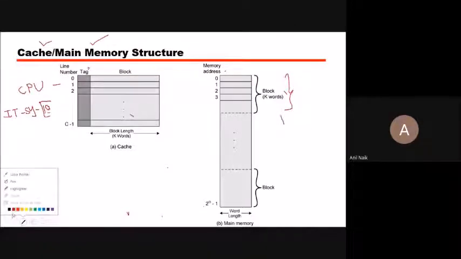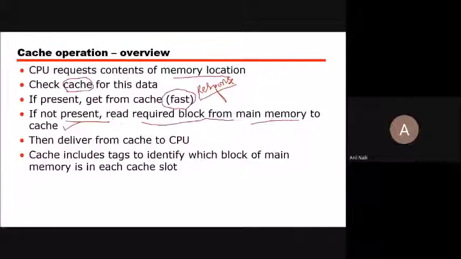So this is about the cache memory and main memory. If the data is not present, read the required block from the main memory to cache. Then deliver from the cache to CPU.